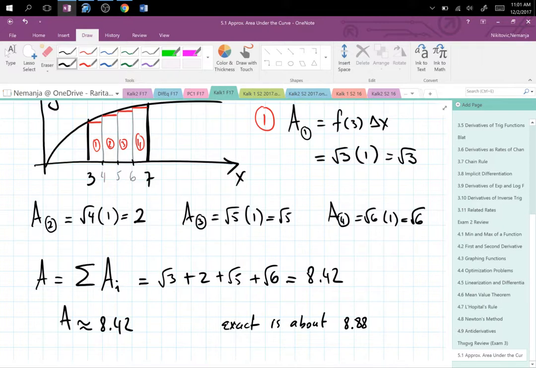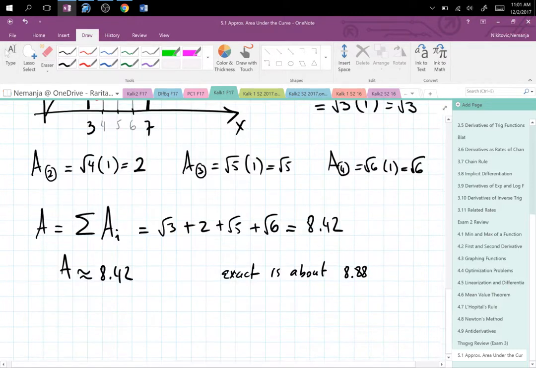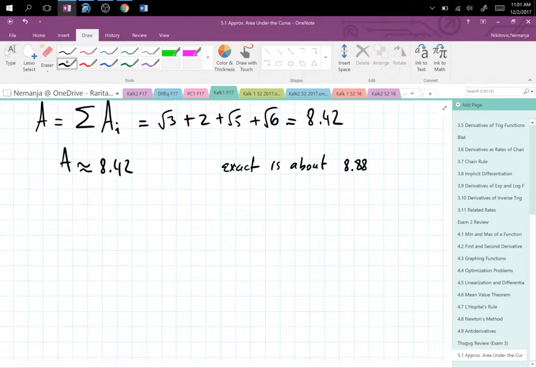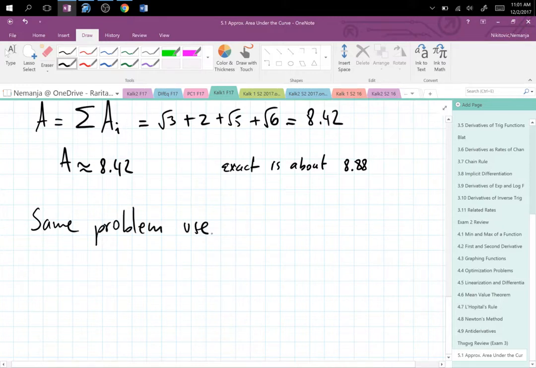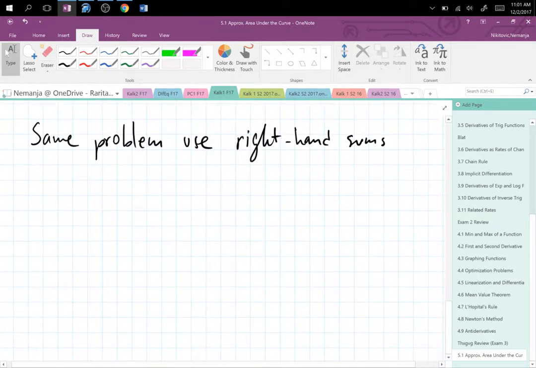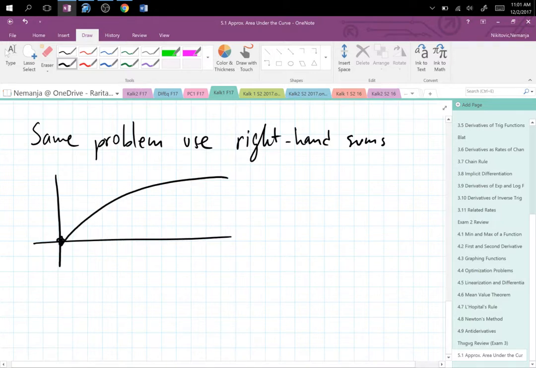So we're going to take a look at the same problem, using right hand sums. We'll understand right hand sums much better later. So I have again the same. This is terrible. Maybe I should sit down, right?